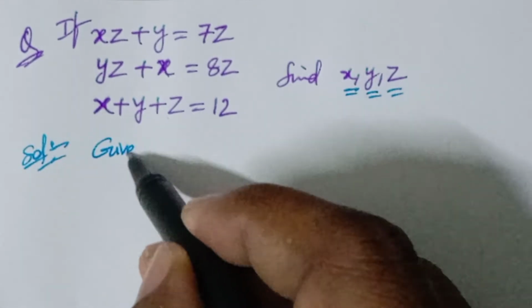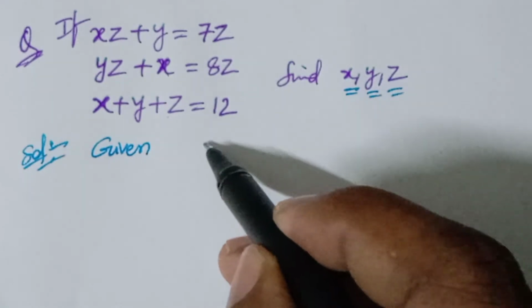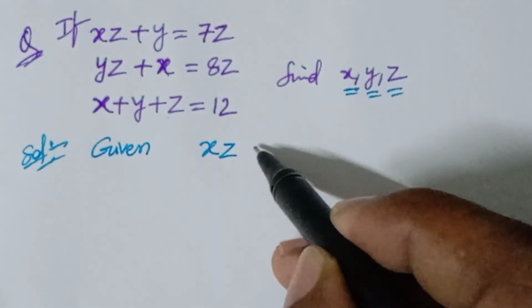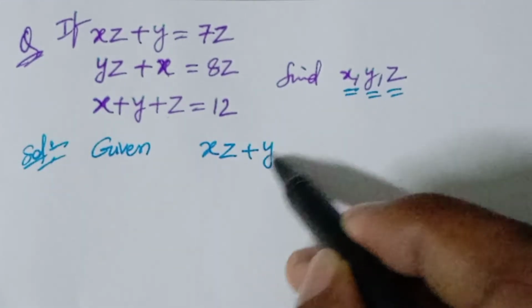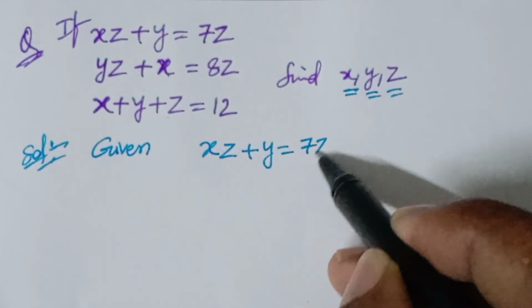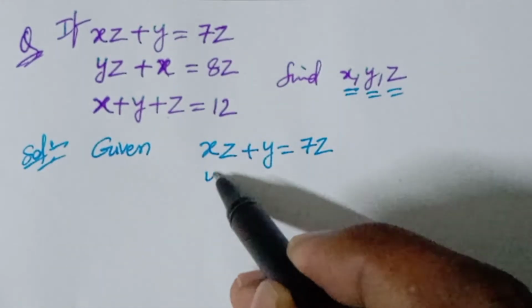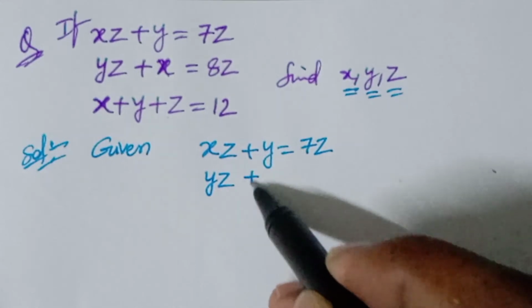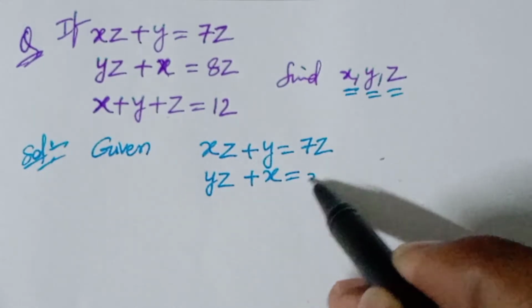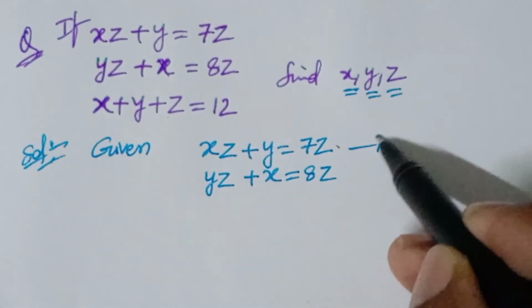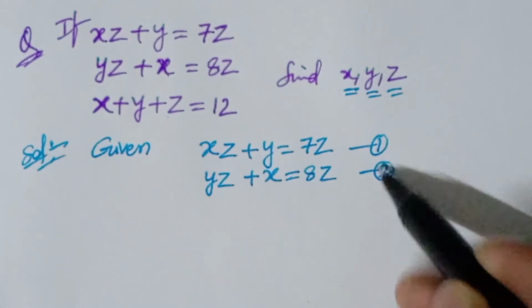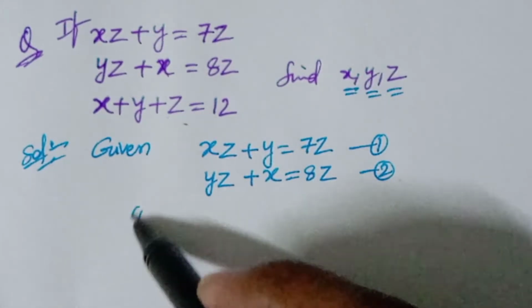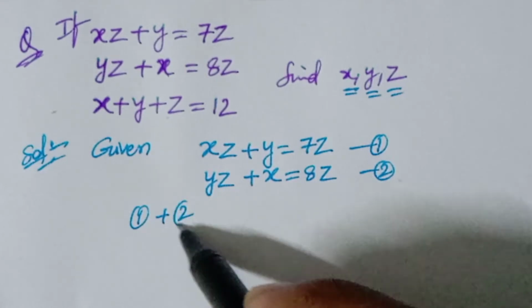So first, what is given now? xz plus y is equal to 7z, and yz plus x is equal to 8z. Let these be 1 and 2. What I am going to do is add 1 and 2.